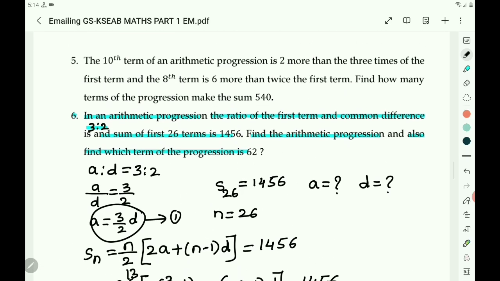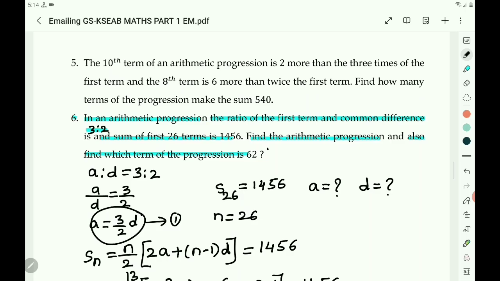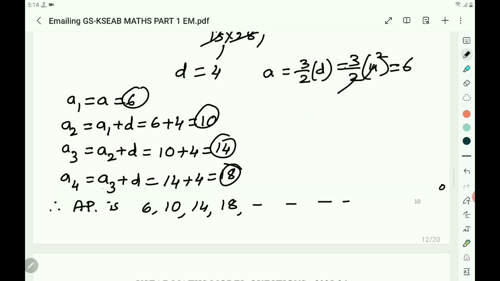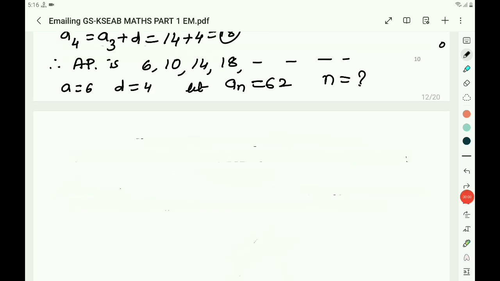Then we have to find out 62 is which term. So consider an equals 62. Then you write here a equals 6, d equals 4, and let an equals 62, n equals question mark. Write the formula for an.